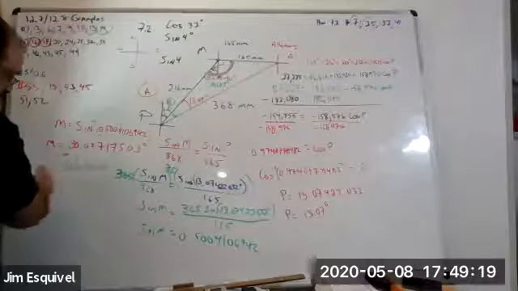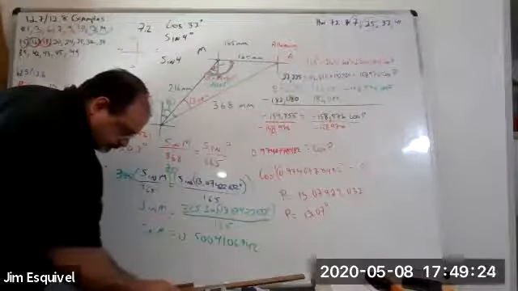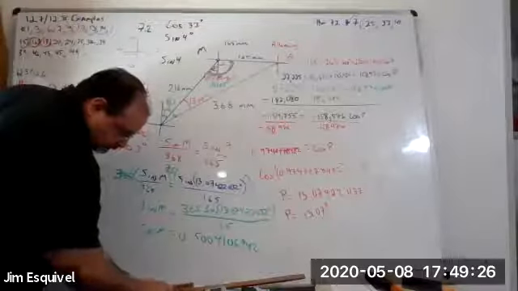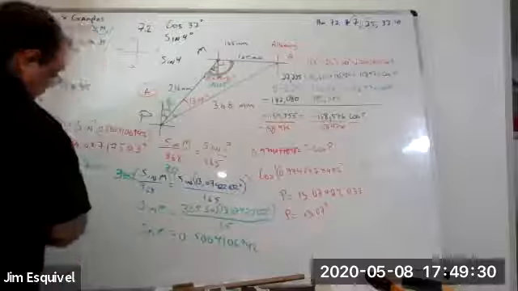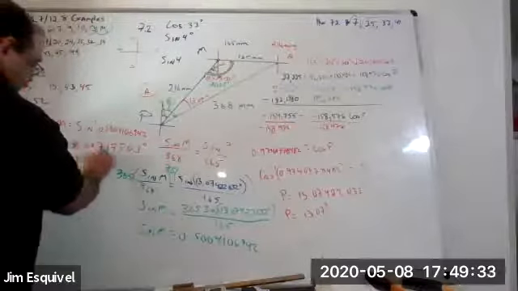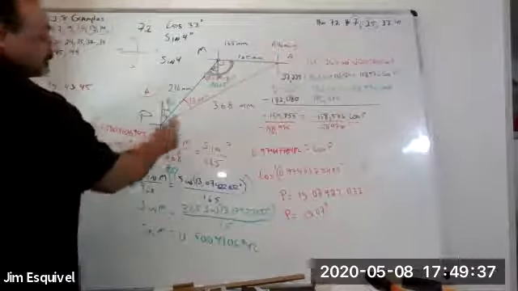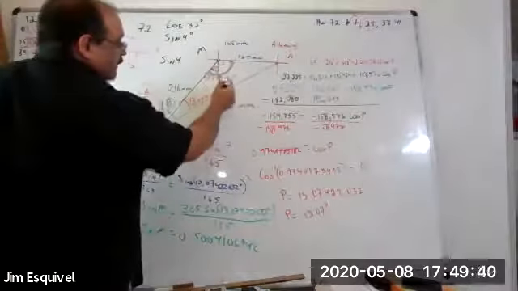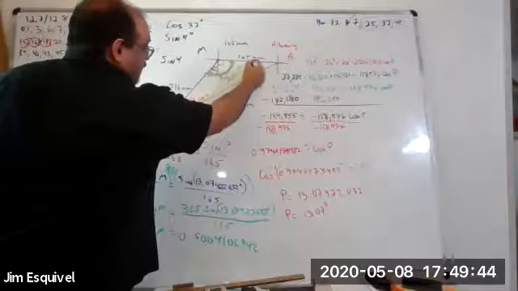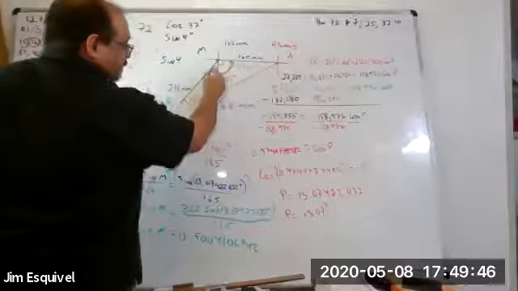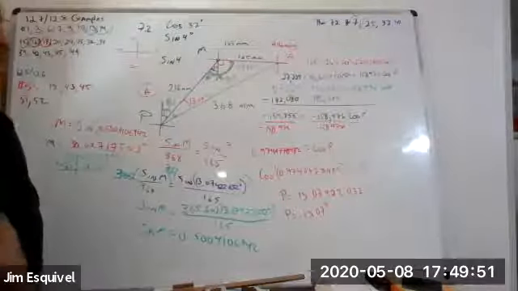Sine could also have been 180 minus 30.03, which is 149.97. That makes more sense. Angle M, the whole thing, is 149.97 degrees in that triangle, because it's obtuse. Look at our picture. It's obtuse.